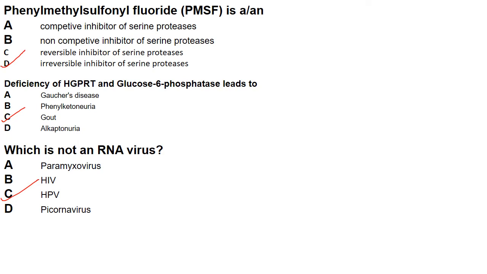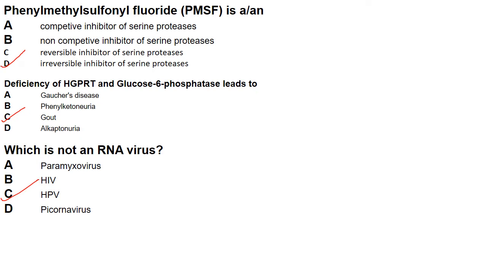Then deficiency of HGPRT and glucose 6-phosphatase leads to? HGPRT is hypoxanthine guanine phosphoribosyl transferase, and its deficiency is an inherited disease of purine metabolism, usually associated with hyperuricemia. The body's metabolism of glycogen is blocked by the absence of the enzyme glucose 6-phosphatase, which regulates the release of glucose from glycogen stored in the liver.